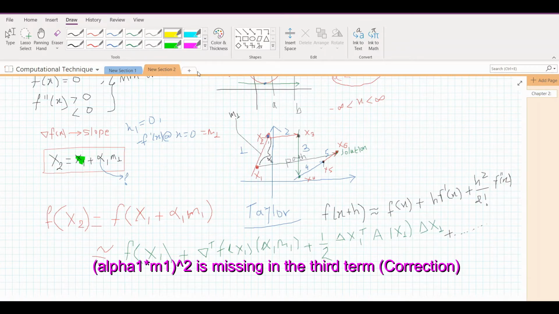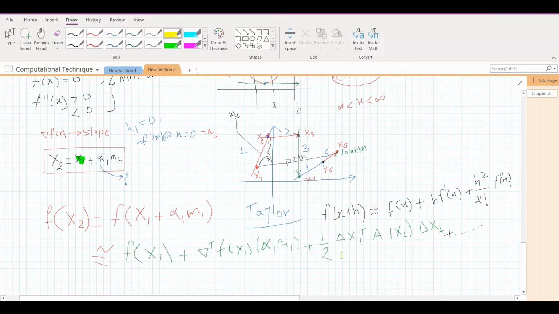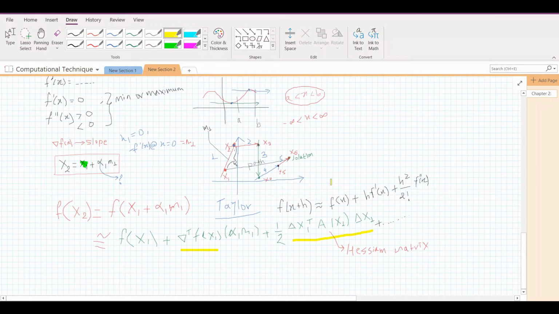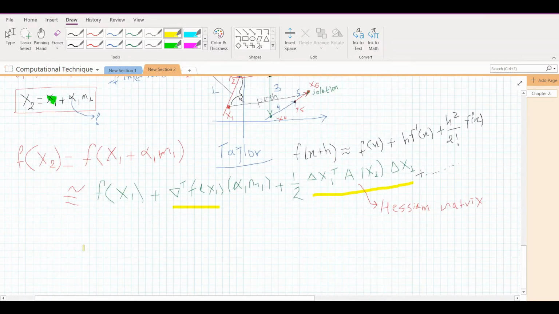This is how we write derivatives in matrix form. This means the second derivative, and we'll have a matrix here. This matrix is known as the Hessian matrix. Then we take the derivative of this with respect to alpha 1 and set it equal to 0. This will give us our step length alpha 1, which we require.